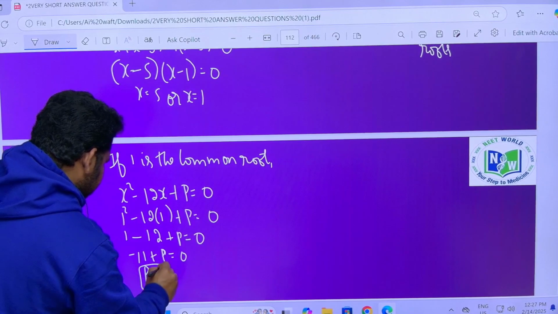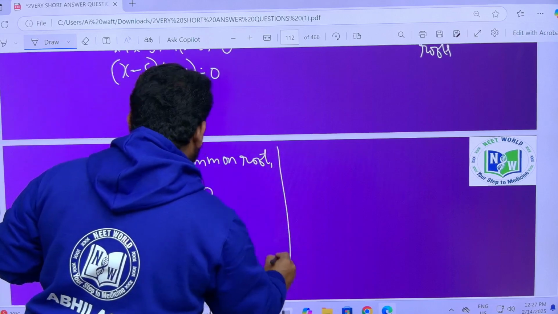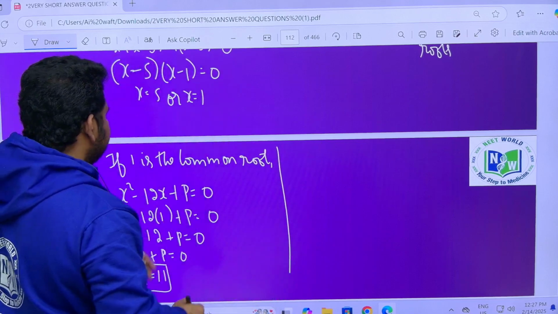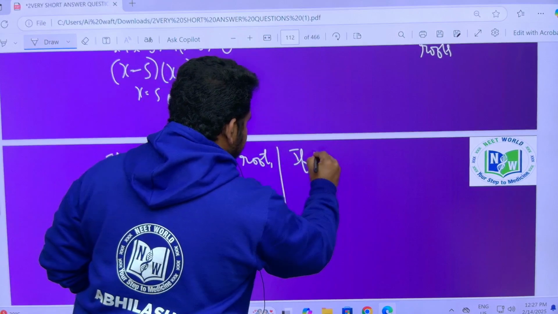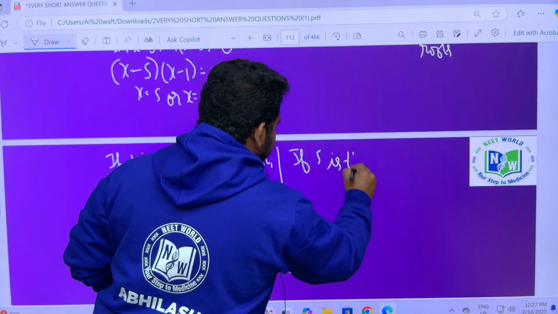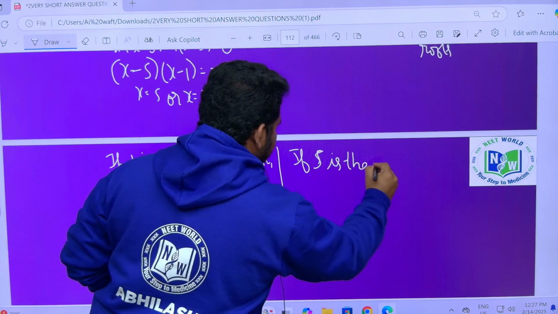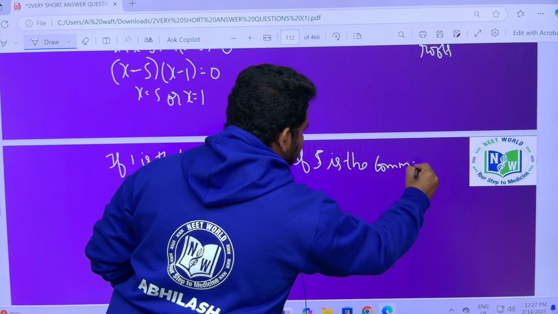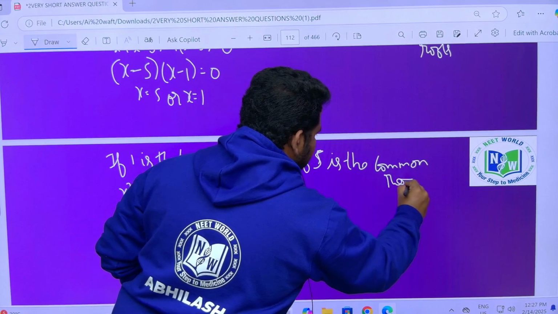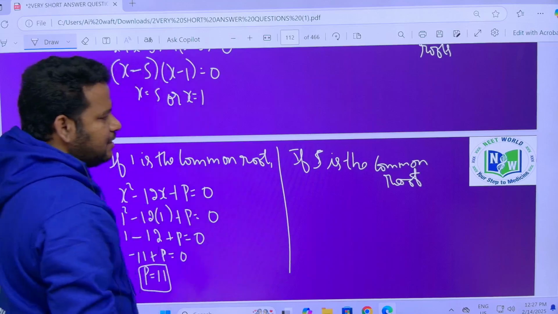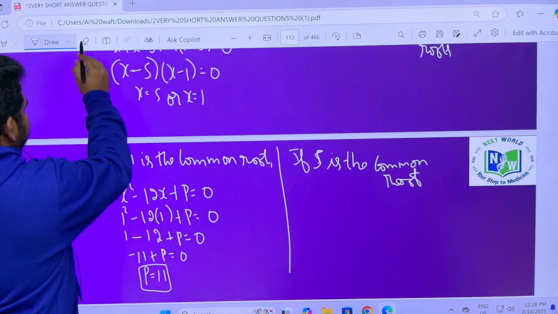Now suppose the other root we got is x is equal to 5. If 5 is the common root, what will happen?